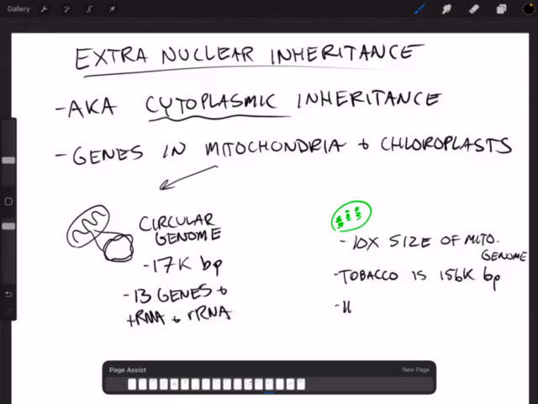It contains, depending on the species, about 110 to 120 genes, as well as tRNA and ribosomal RNA. Right, so chloroplasts and plants in general, a lot of variation in chloroplast genome size, a lot of variation in general in plants. Mitochondrial genome a little bit less, more or less 13 genes across species.